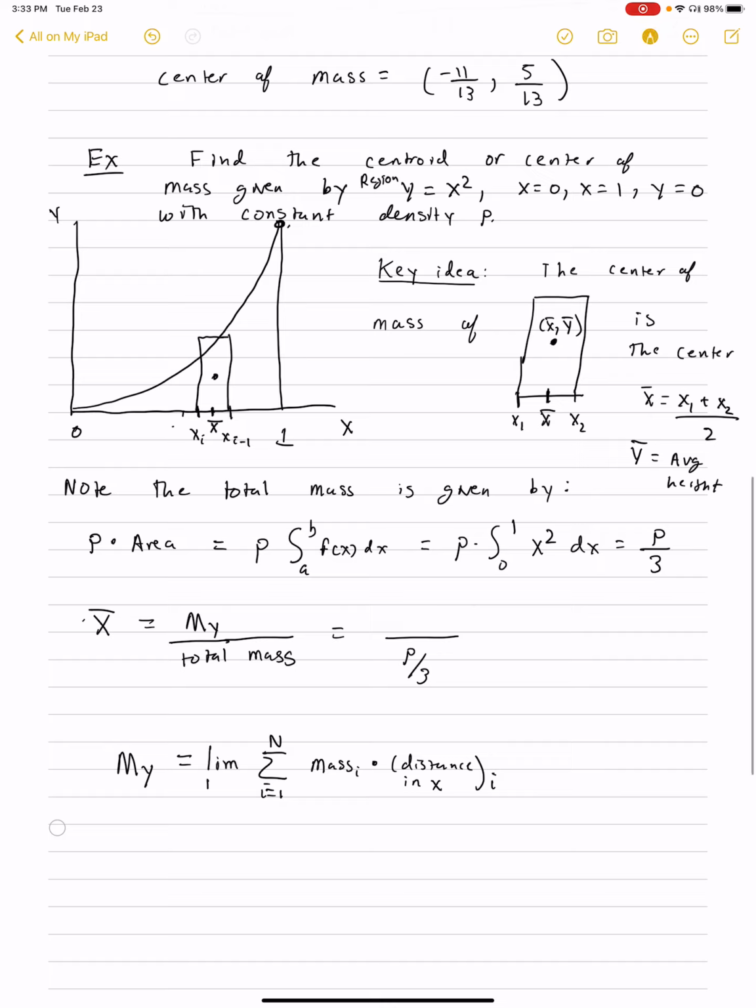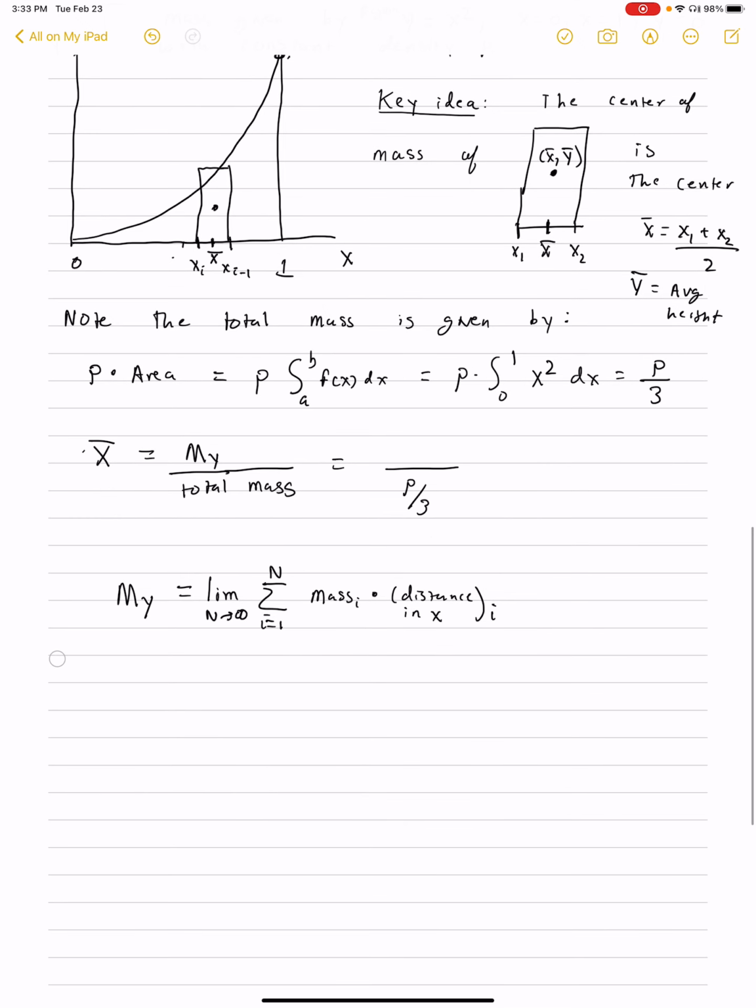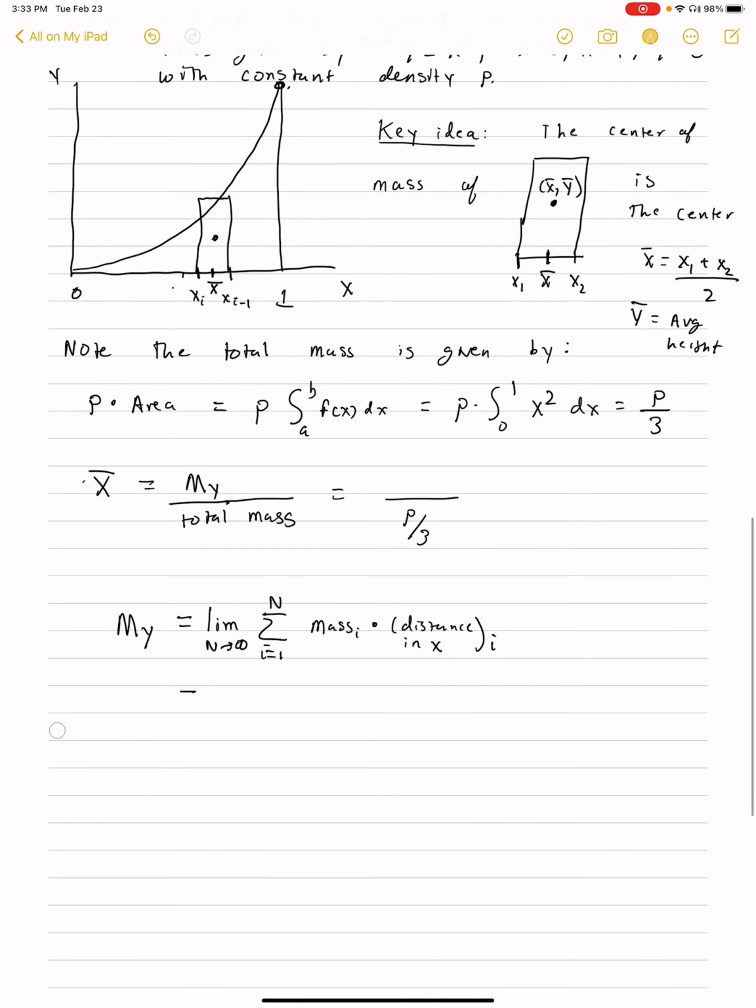That is, I'm going to have this limit as n goes to infinity for m sub y there at the bottom. So I'll have this limit as n goes to infinity of the summation from i equals 1 to n, and the mass of a rectangle is the density times the area.